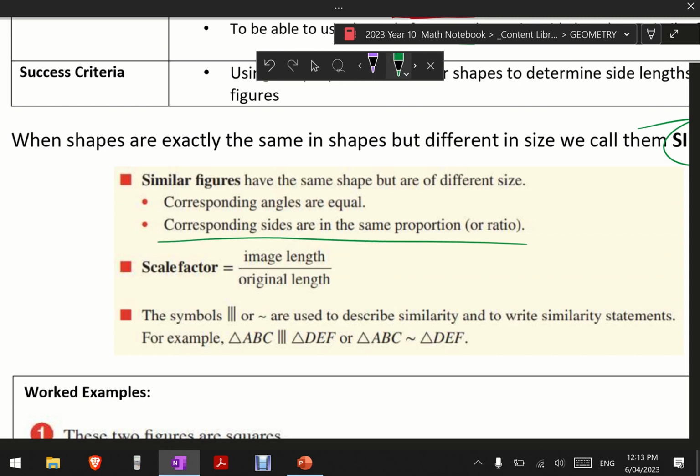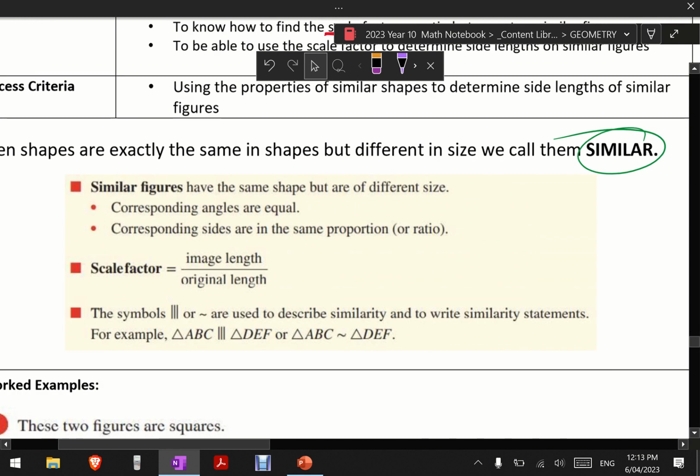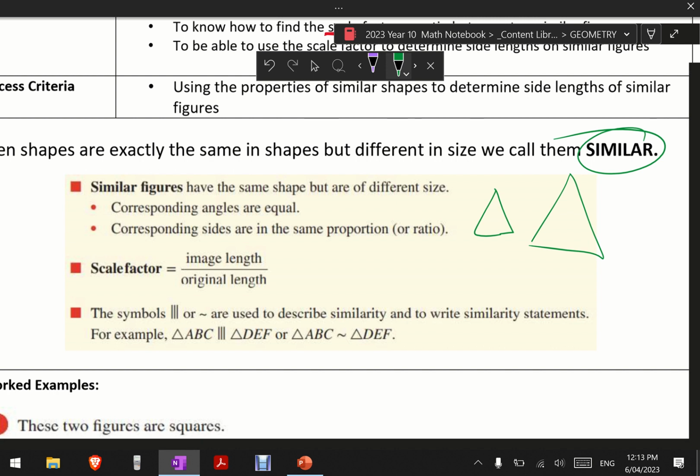Corresponding sides are proportionate. So when we talk about a proportionate corresponding side, let's say you've got two triangles. That's the small triangle, and there's the big triangle. Corresponding sides mean, let's say I'm going to label this triangle A, B, C. We'll call this D, E, F. What this is saying, that corresponding sides are proportional, is, for example, here side AC is similar to DF.